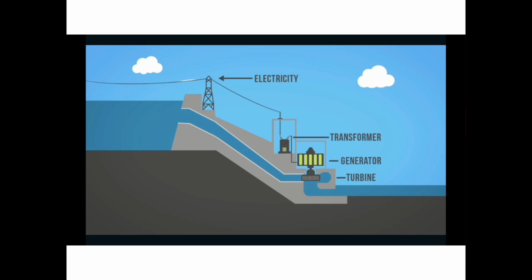And then the transformer downgrades the energy so that we can use it in our houses and our homes. So the laptop you're using right now to watch this video, the phone, or your lights, or your oven, or your TV that are being powered by electricity right now originate in a power plant where probably you had a dam that was flowing water, turning a turbine into a generator, converting it to electricity.